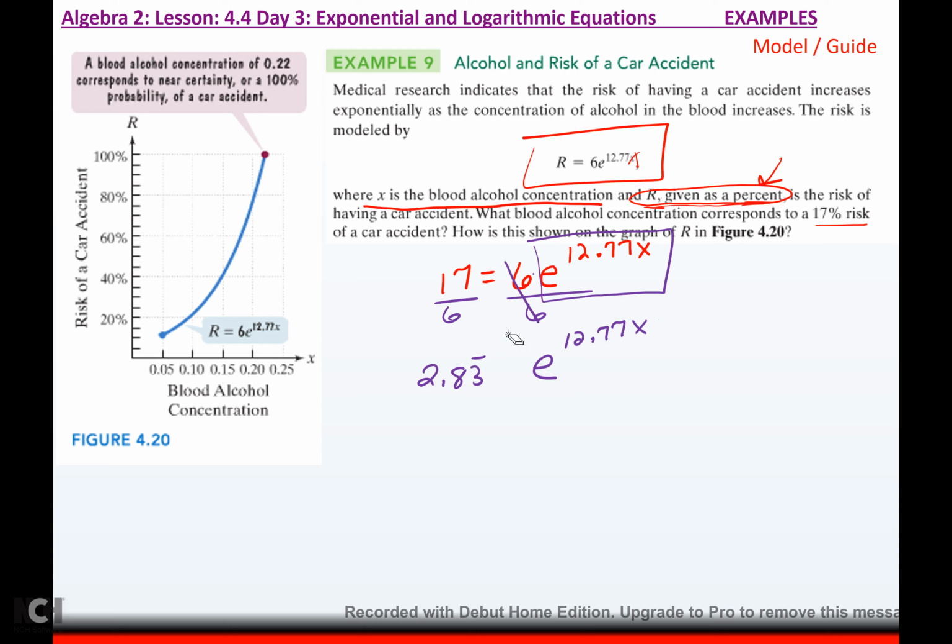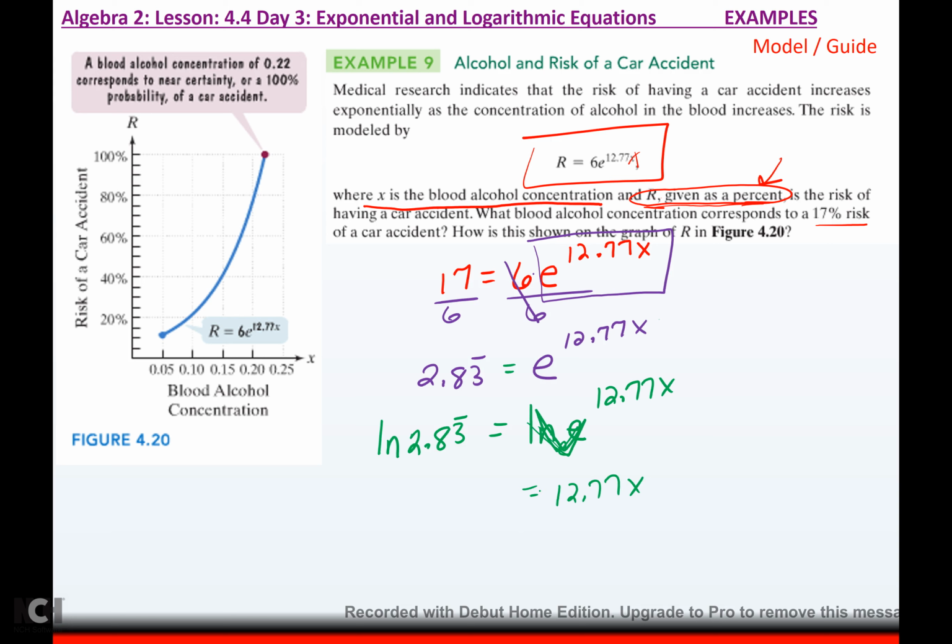If I take the natural log of e, because ln has a base e, and we learned in our properties, once these match, they cancel. And I can do whatever I want as long as I do the same thing to both sides. So I'm actually also going to take the natural log of 2.83 repeating. So on this side, it cancels out, and the 12.77x drops, which is what I wanted.